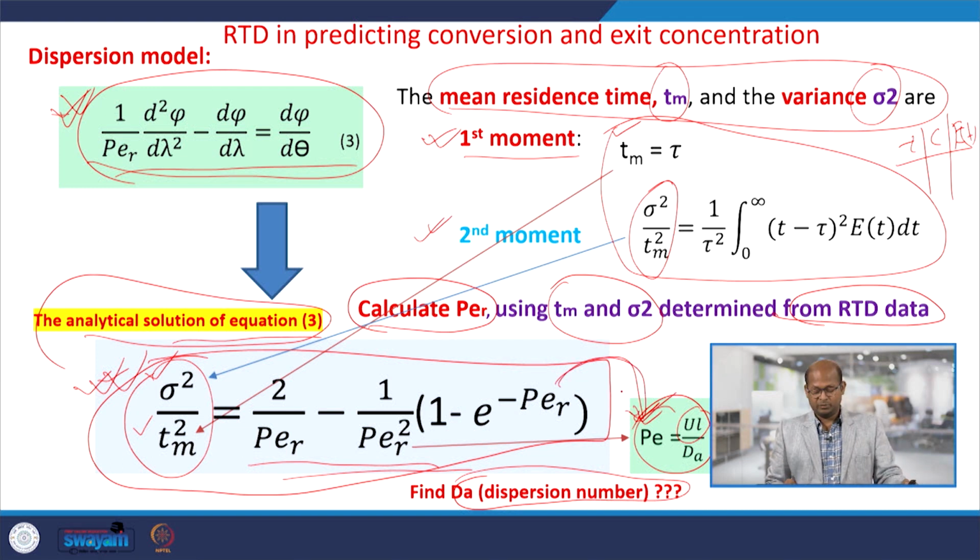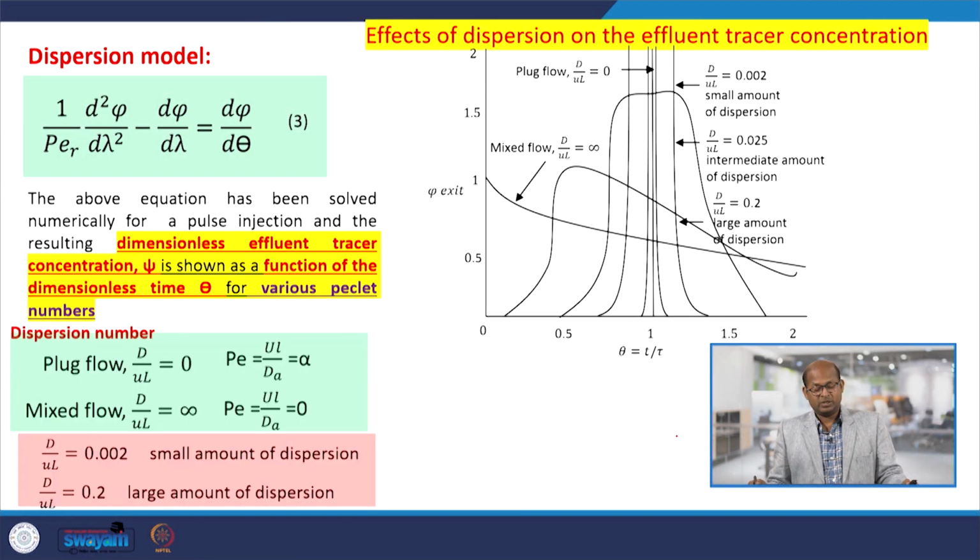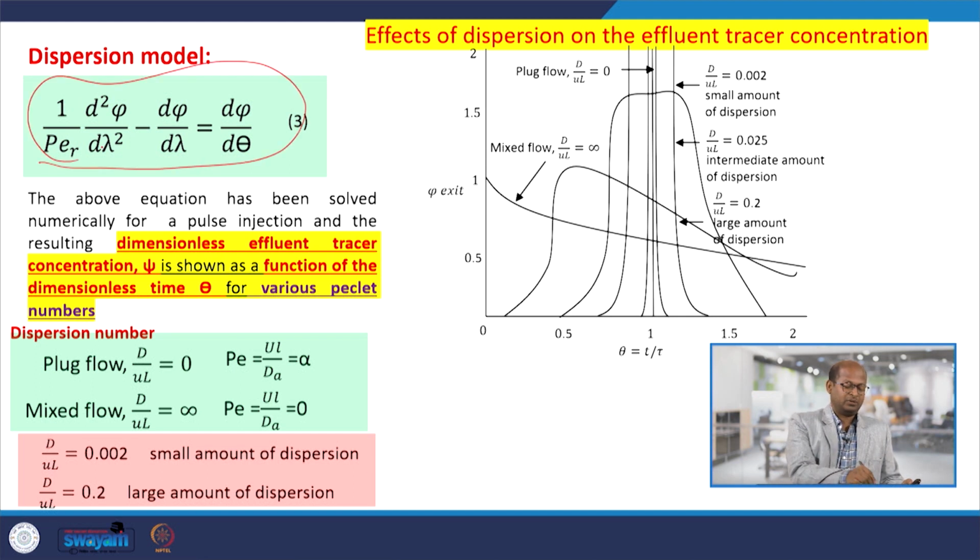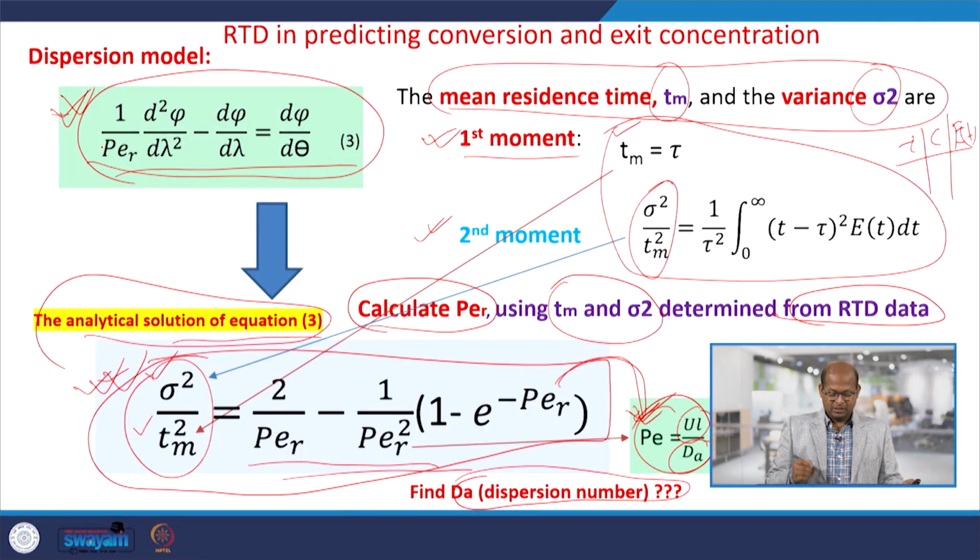Once we know the Peclet number, we can get the dispersion number.